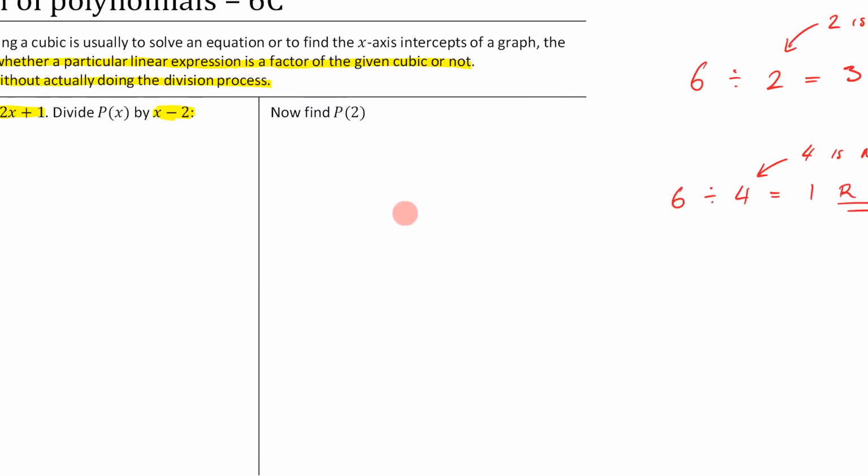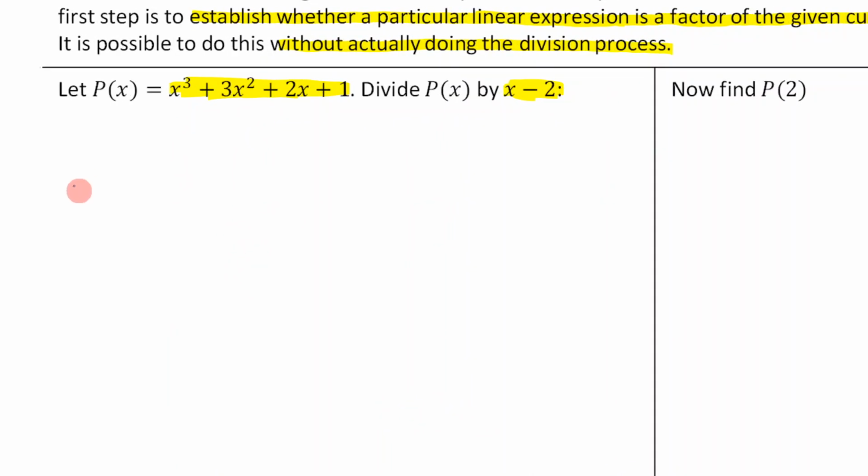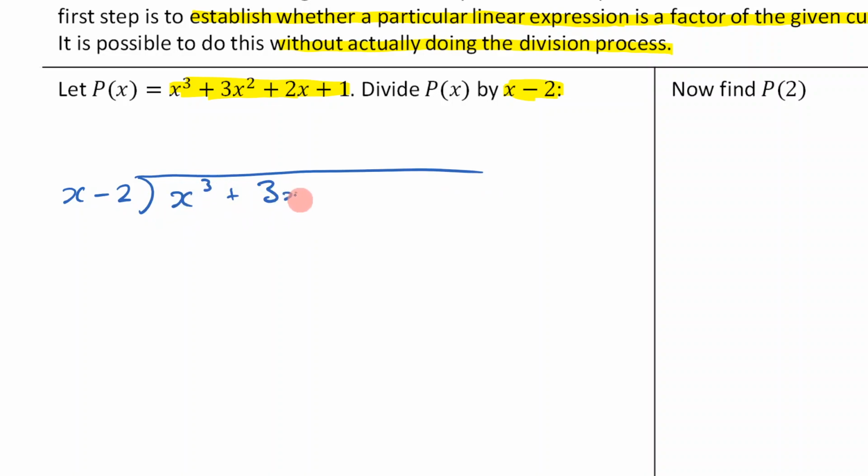So let's use that exact same logic over here, and let's determine whether x minus 2 is a factor of p of x. Let's give this a go. So I have x minus 2, and then I have x cubed plus 3x squared plus 2x plus 1. This is where I do polynomial long division, and this takes some time.